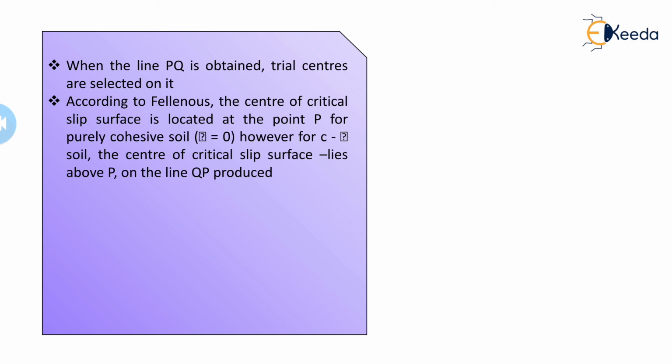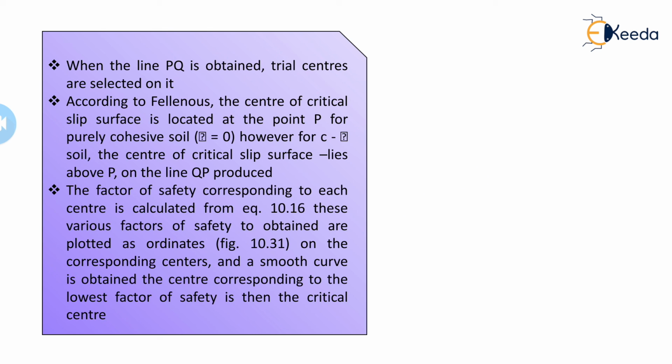You can read the points for the cohesive soil condition and for the cohesionless soil, where exactly the center will be located. From this we get the idea of how to find the factor of safety and locate the center of the critical slip circle.